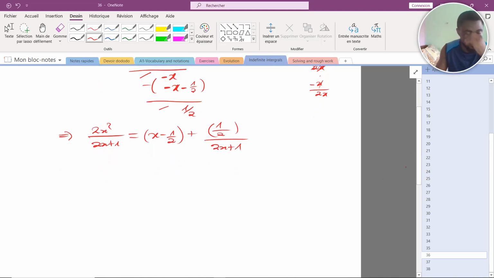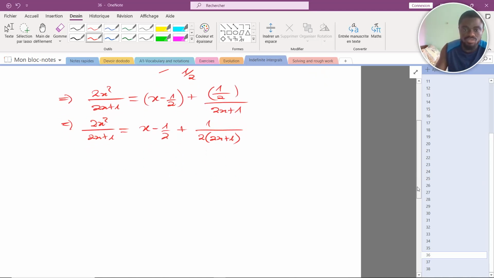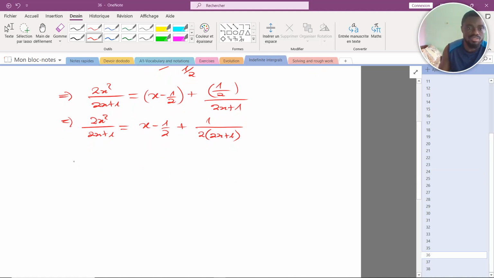So let me rearrange things. This implies 2x squared over 2x+1 will be equal to x minus a half plus 1 over 2 times (2x+1). Okay, now that everything is already simple, we can now integrate.